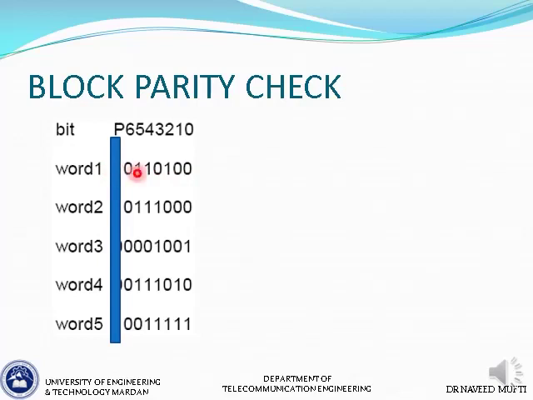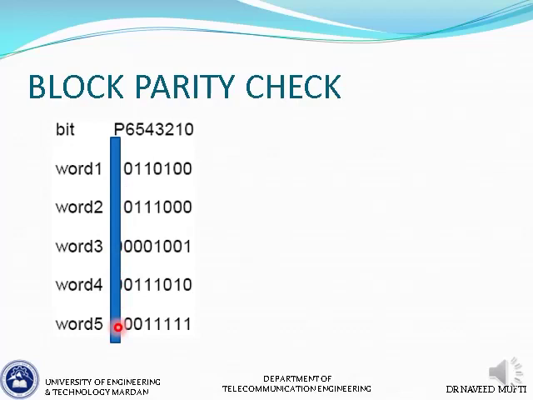Anyways, so these are your 5 data words, and you have to add a single parity bit to every word, based on even parity. So based on even parity, you have to guess what should be the value of the parity bit. Should it be 0 or should it be 1 for every word?